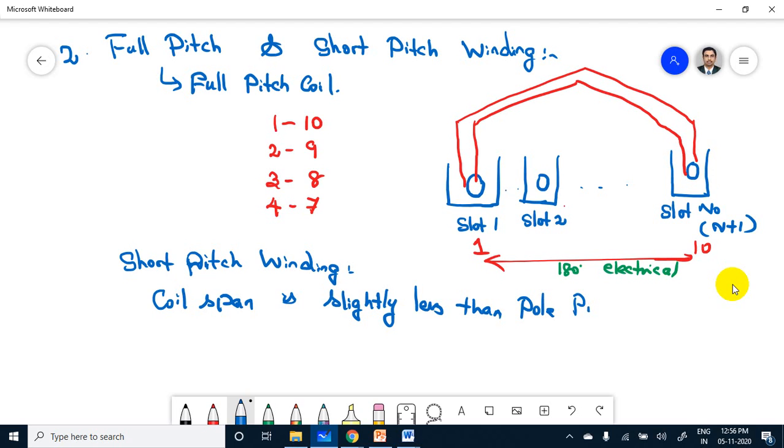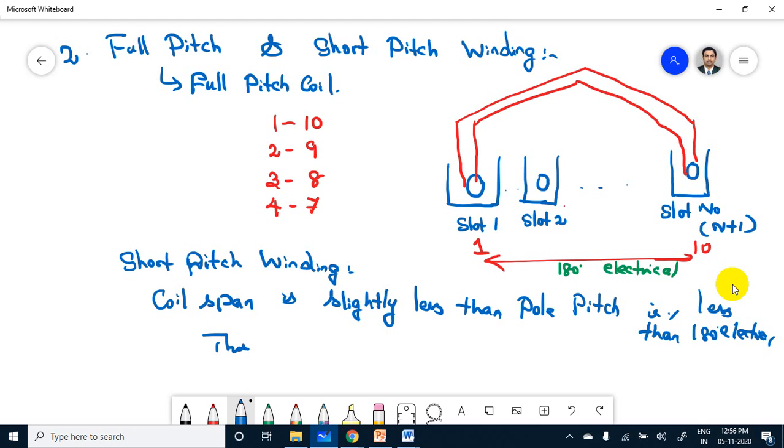So pole pitch means how much angle? It is 180 degree, right? That is less than 180 degree electrical.